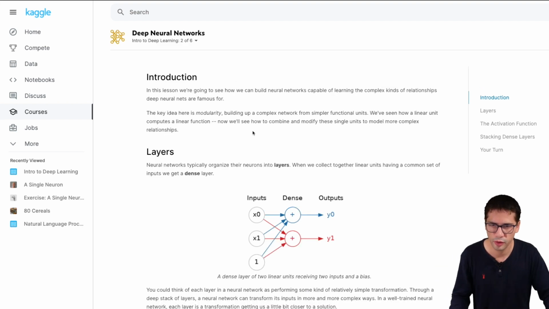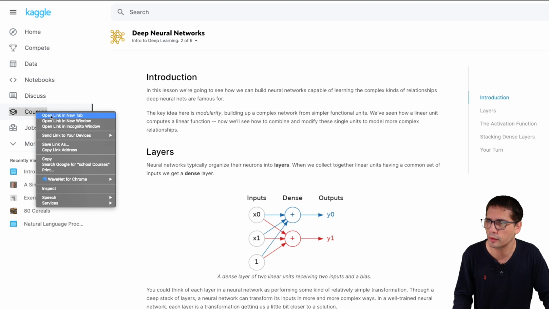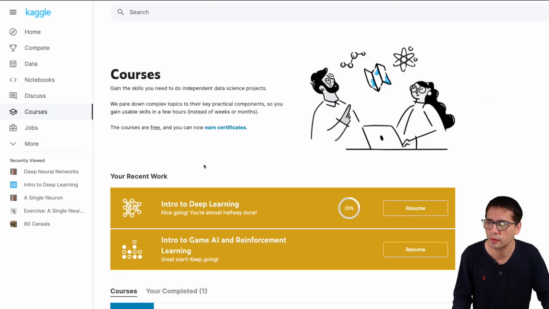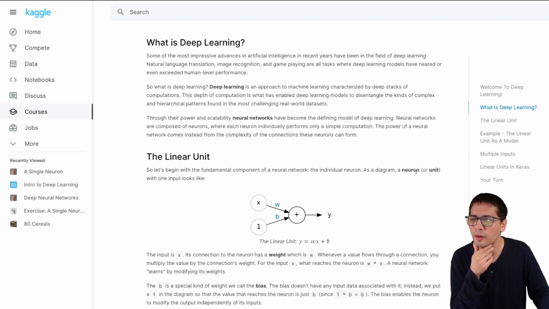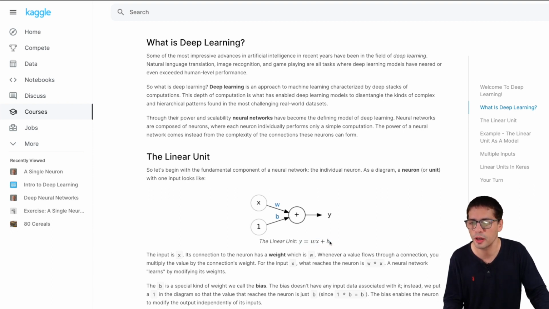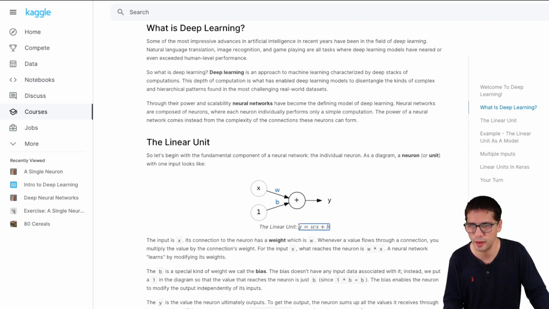I think I need to just revise what a linear unit was, so I'm going back to the previous course because I kind of forgot. So a neuron is a linear unit. Linear in the sense that it's basically using this function here, y equal to wx plus b, because this is an equation for a line.